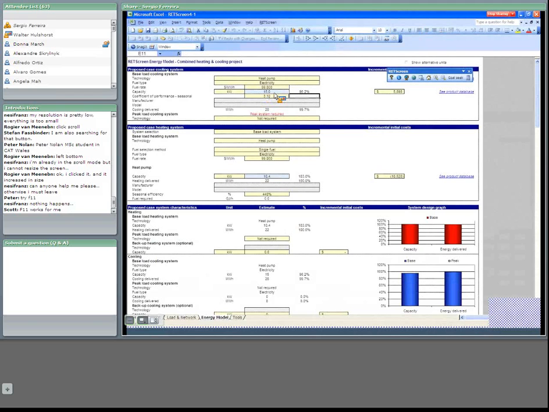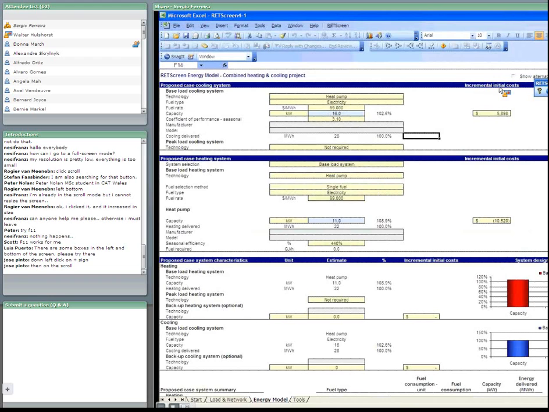An important data here, you will be able to input the incremental initial costs for the two systems that you're adopting. So this will be basically the difference between the budget for the base case, so for your oil boiler, and for the heat pump. So the difference between these two systems.